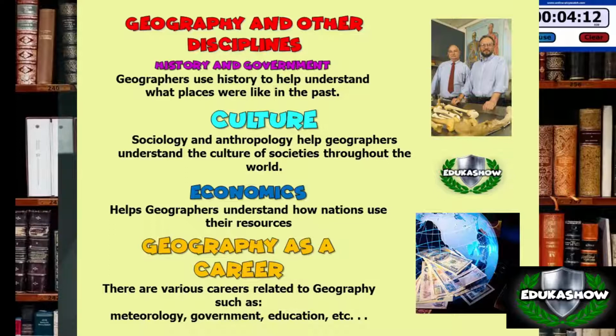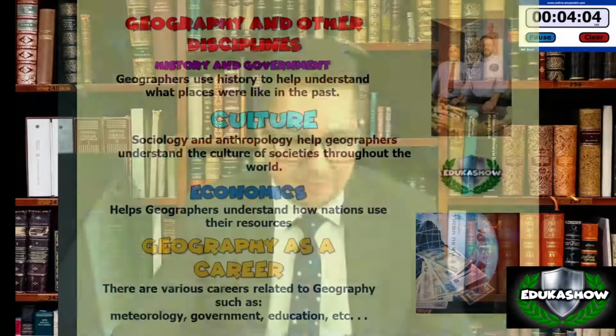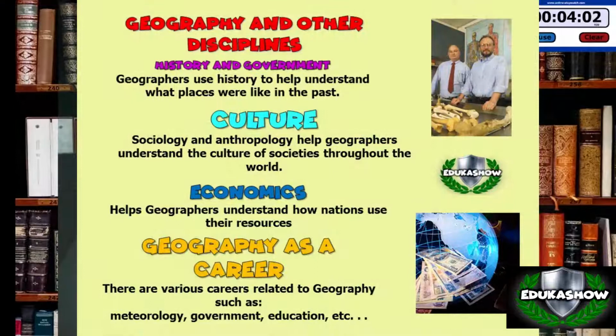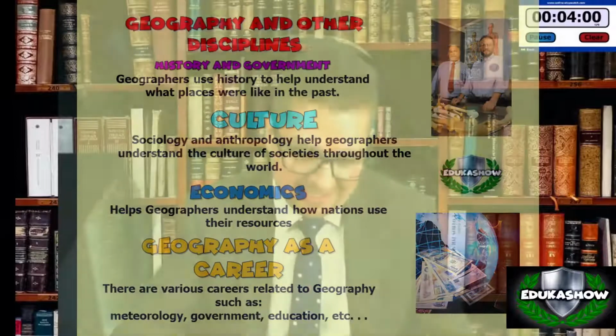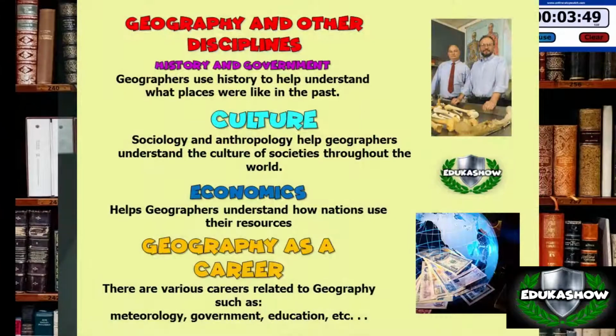Culture. Sociology and anthropology help geographers understand the culture of societies throughout the world. Economics, of course, they help geographers understand how nations use their resources. Therefore, if we understand how the nations use their resources, geographers can make maps and start doing some research or analysis, and then maybe we can know in the future where to go or what to do, where to invest the money.